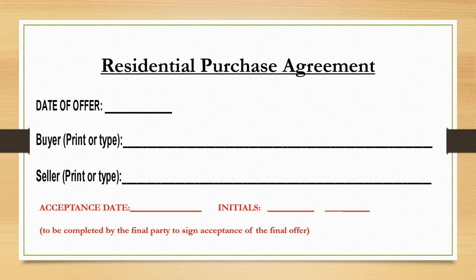Since we have so many timelines in play on this document, it is very clear, and there's no misunderstanding about when those timelines begin, which is typically at the acceptance date. We thought that was something to be more prominently displayed, so that's why it's now moved to the top.